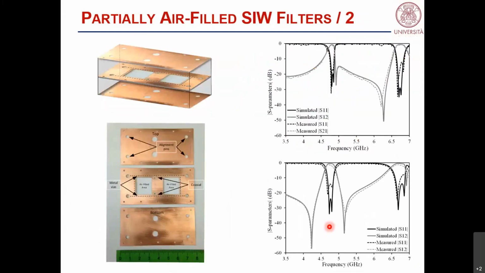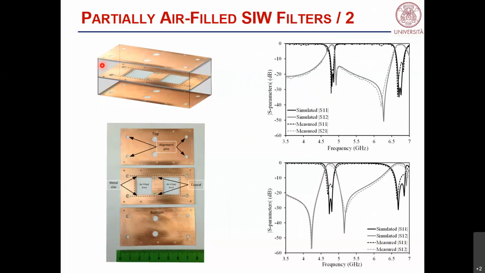And you see here the implementation of a couple of these structures. One with two transmission zeros above the passband, and the other with one below and one above. Also in this case, of course, when we fabricate the structure, we remove everything, the dielectric and metal, and then we use copper layers to close the cavity at the top and the bottom.